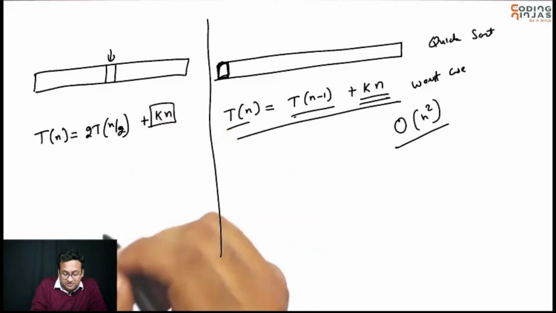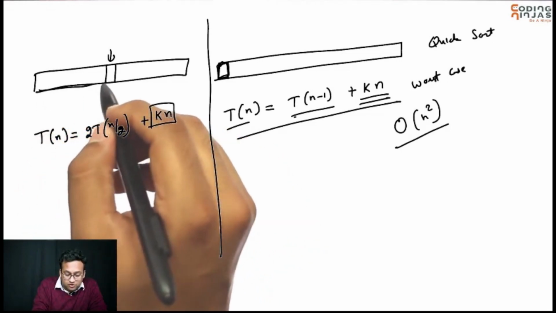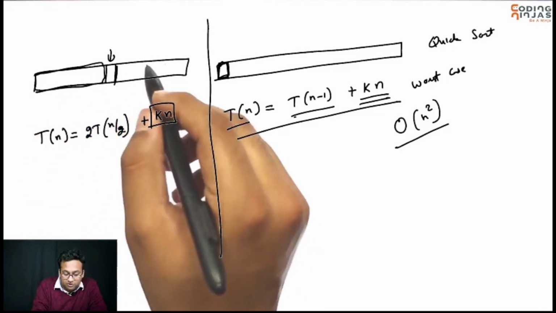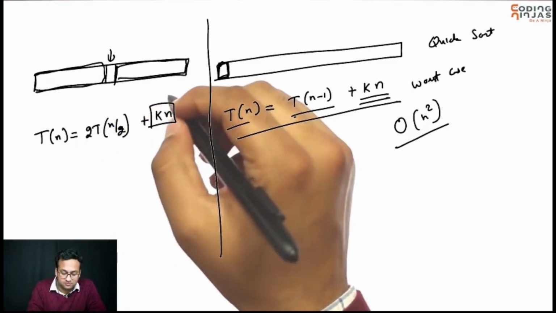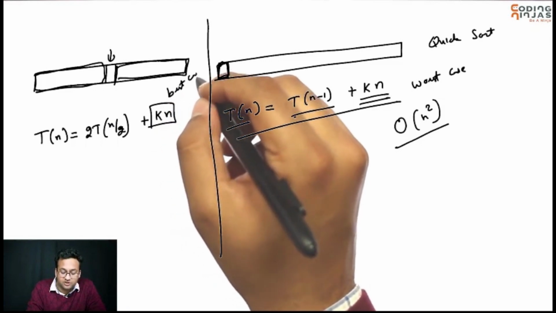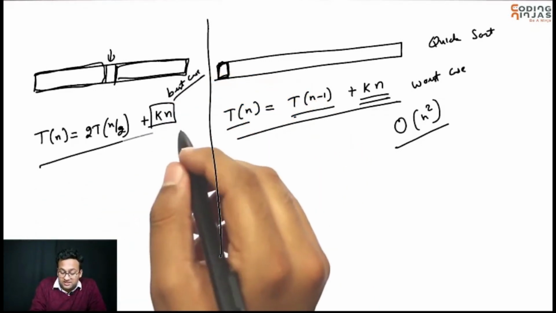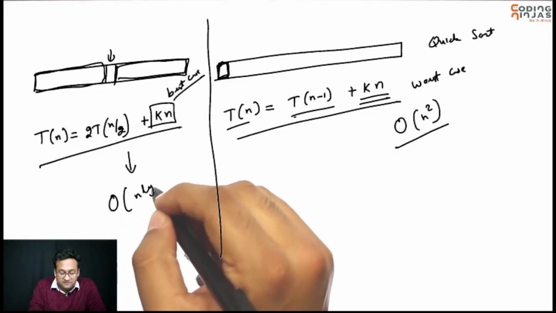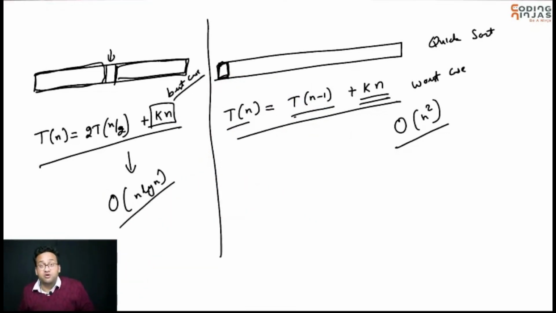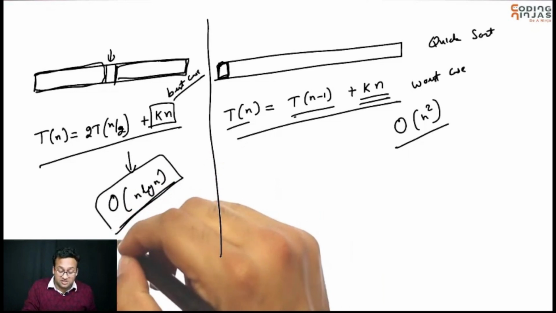This is for partitioning, and you have two smaller problems to deal with, and both of them will have size n by 2 in the best case, when you get a really good split. Now this is the same recurrence relation as merge sort, and your algorithm will have time complexity of big O of n log n.